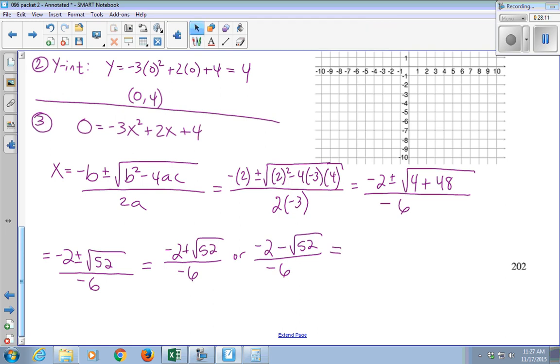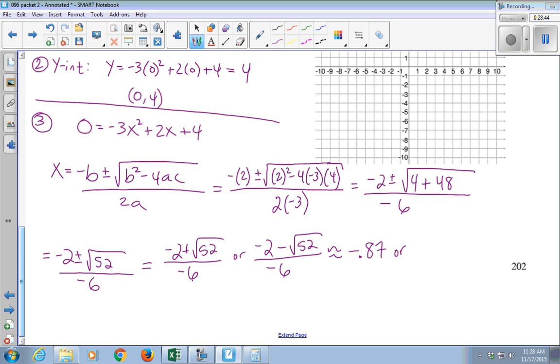I'm going to borrow your calculator for a second. Okay, so -2 plus the square root of 52 divided by -6, and I get -0.87. They said round to the hundredth. -0.87. And I should use squiggly equal signs here to mean approximately equal to instead of a regular equal sign.